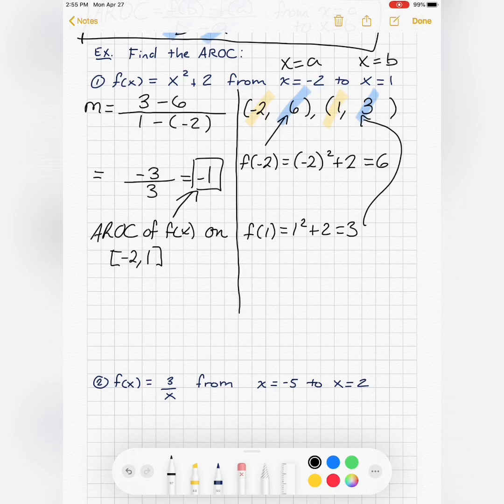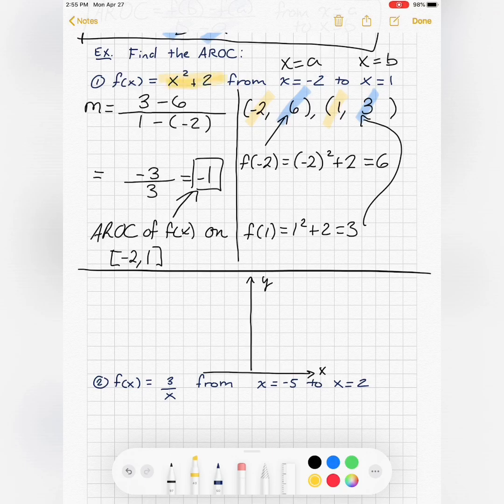So I'm kind of just curious about, well, what's actually going on graphically here? So we could look at that for a second. If you think about the graph of this function, I'm just going to do a rough sketch.